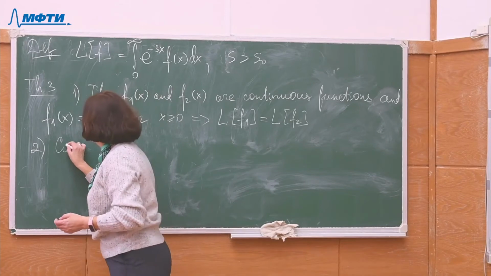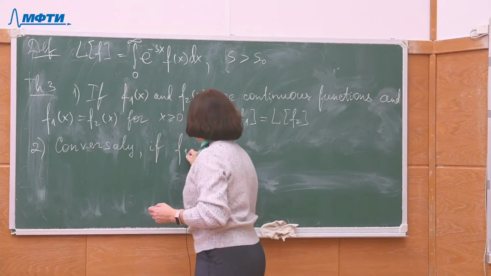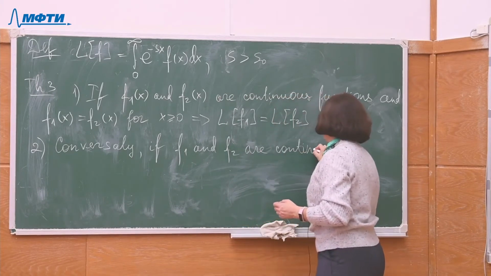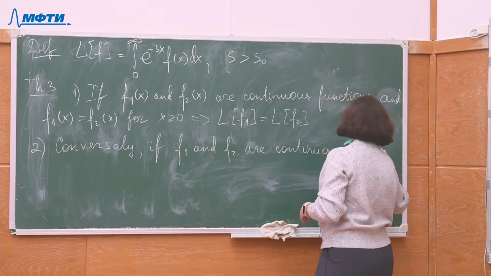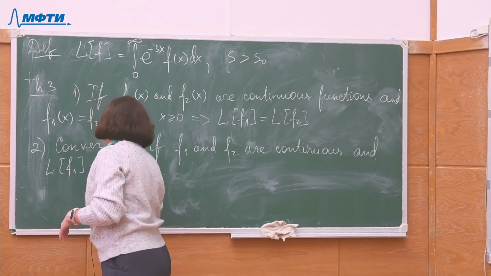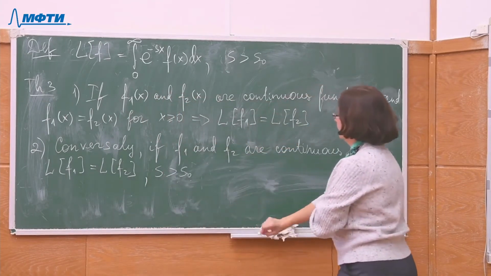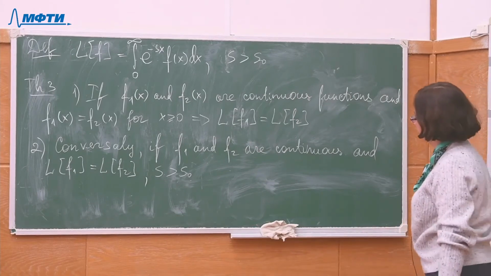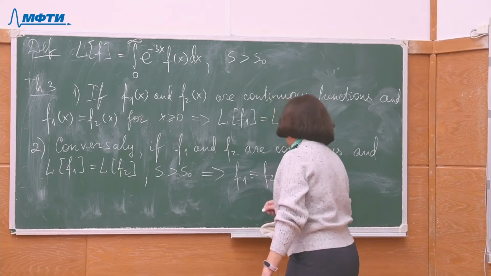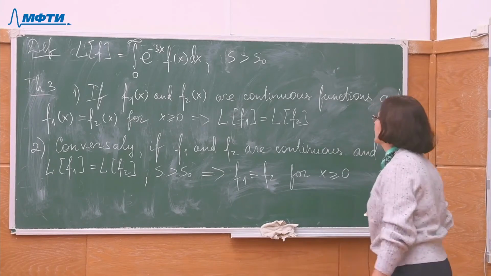Conversely, if we know that f1 and f2 are continuous, and if L of f1 equals L of f2 for s which is greater than s0, then I claim that f1 equals identically f2 for all values of x that are greater than or equal to 0.